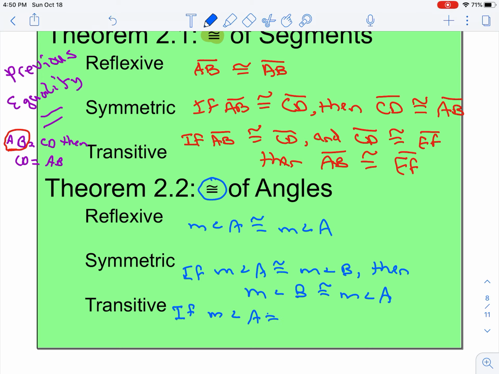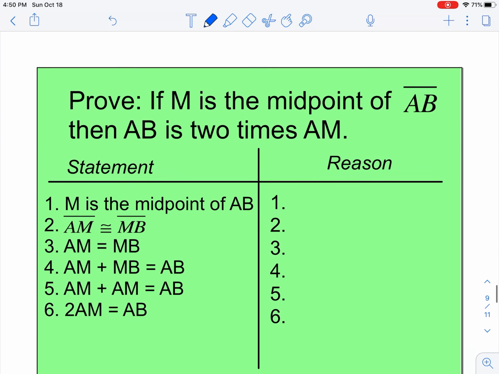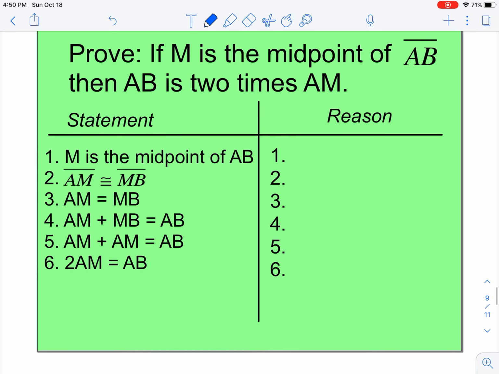If the measure of angle A is equal to the measure of angle B, and the measure of angle B is equal to the measure of angle C, then the measure of angle A is equal to the measure of angle C. So that's what we did previously, connecting to what we're doing now. We're going to use those properties again and try to keep the differences straight.